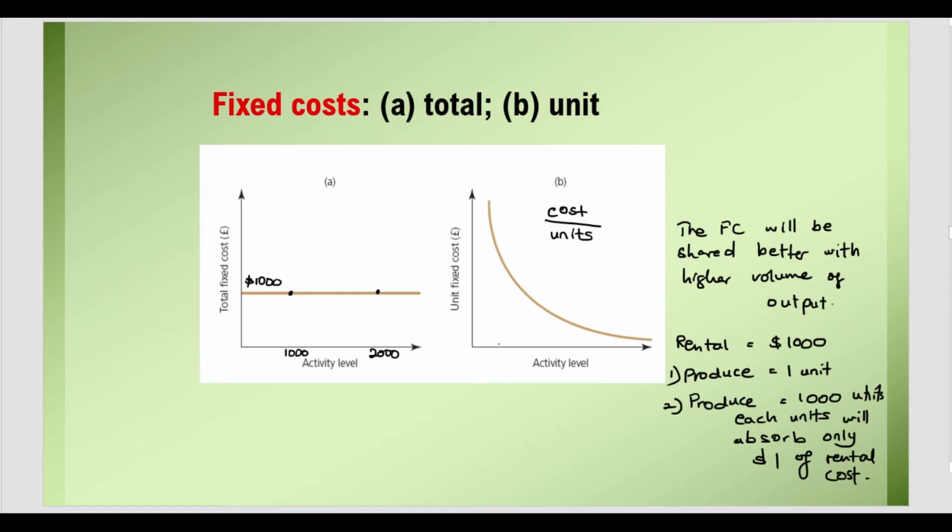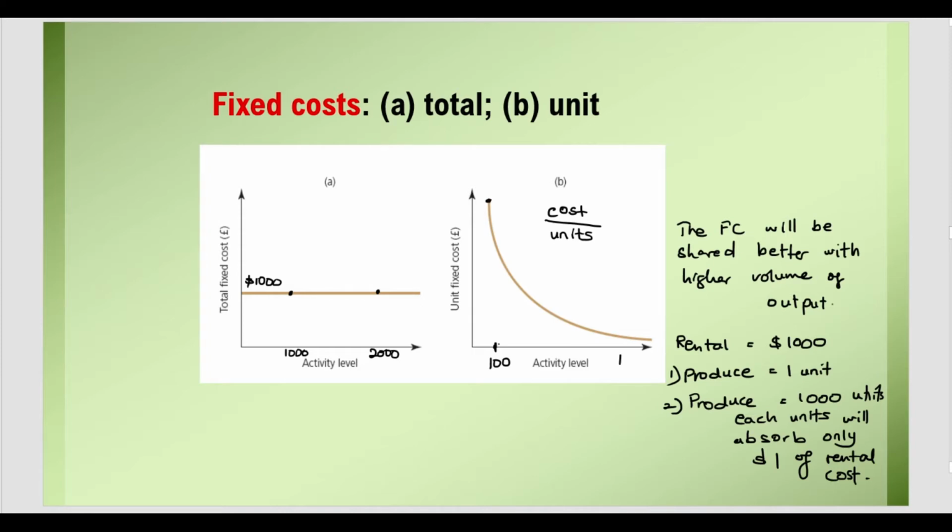However, if we are to distribute the fixed costs to the number of units, the cost per unit graph will look like this. At the production level of 100, the fixed cost is still very high.